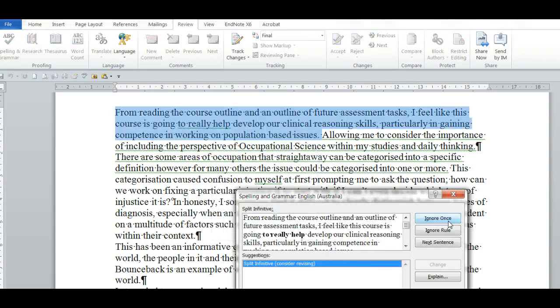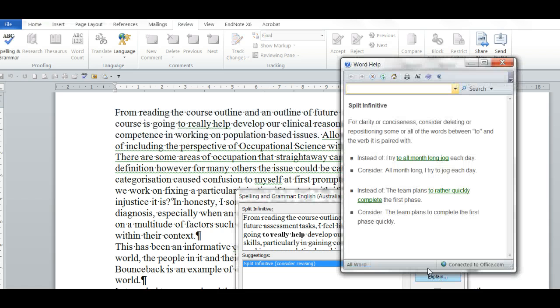Let's resume. Okay, now it's telling me this is a split infinitive. Again, another one of those things that isn't critical. We can ask it to explain that to us. So it gives you a little definition of what this means. Instead of the team plans to rather quickly complete, the team plans to complete the first phase quickly.